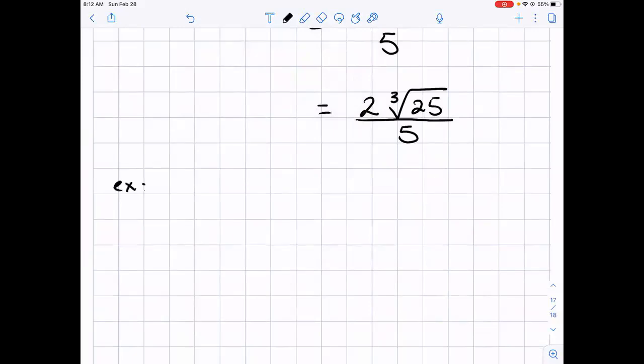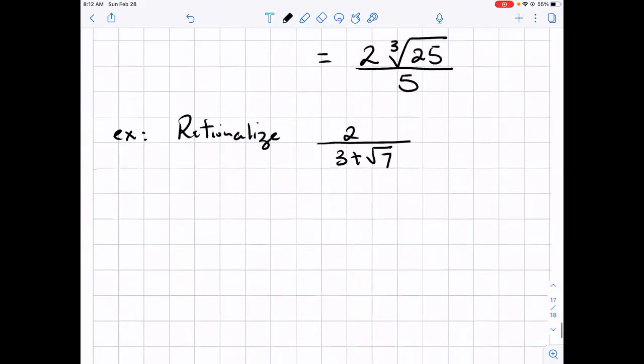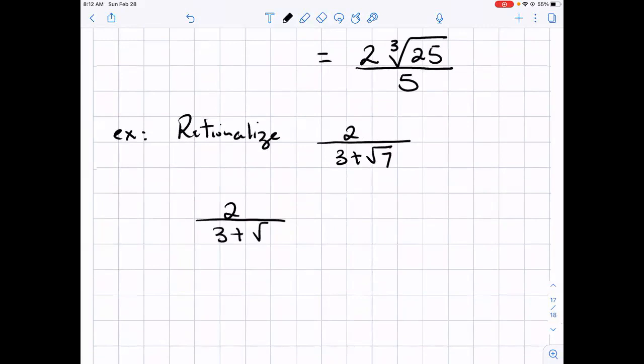Now, when the denominator or numerator is two terms, for example 2 over 3 plus root 7, the conjugate is easier.